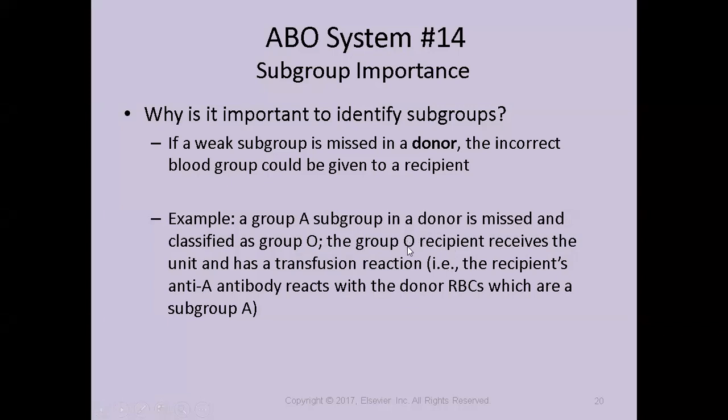Landsteiner's rule, someone who is type O has naturally occurring anti-A and anti-B. So when we give that rare subgroup of A to this recipient, their anti-A is going to link on to that antigen and there will be a transfusion reaction. So that's the significance of finding out.